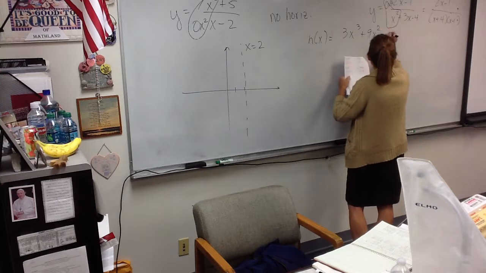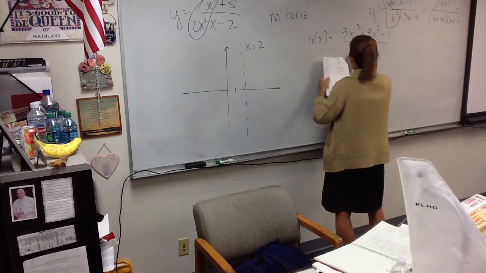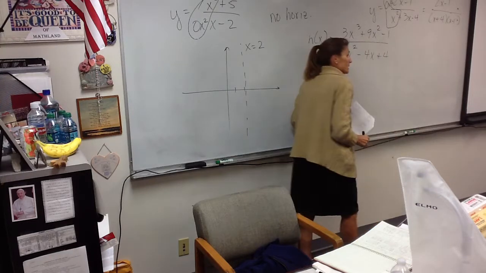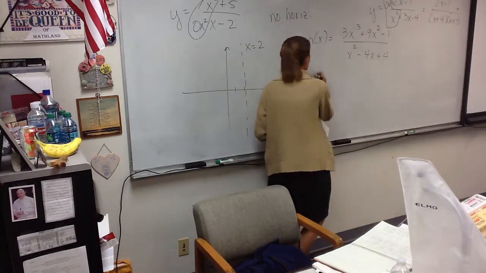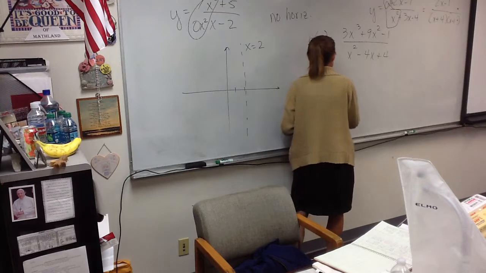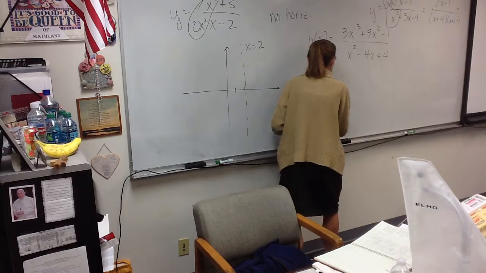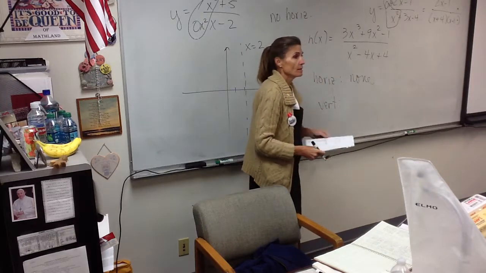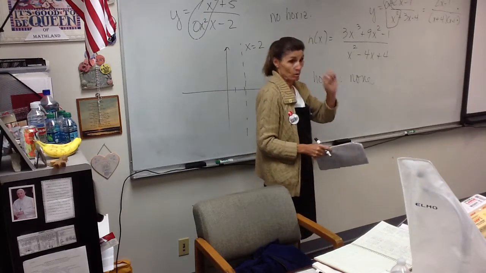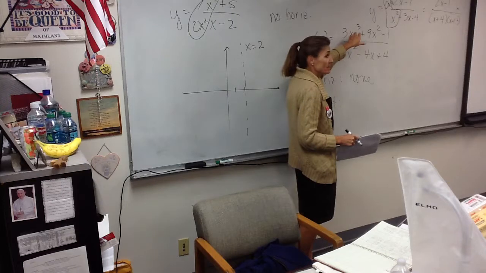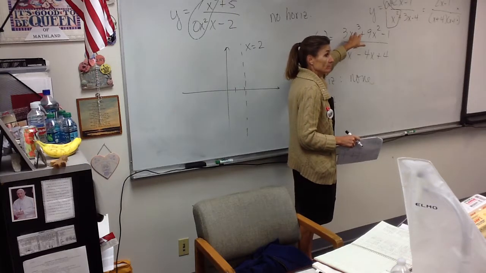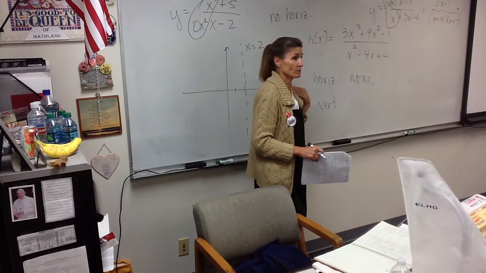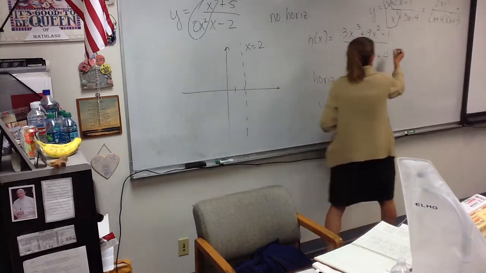Oh my, this is a very ugly problem. Tell me about the horizontal asymptote. There is none. Why is there none? Is the number on top bigger? The power. The power on the top is bigger. Now tell me about vertical. What am I gonna have to do to get my verticals? Well, I'm gonna have to factor.